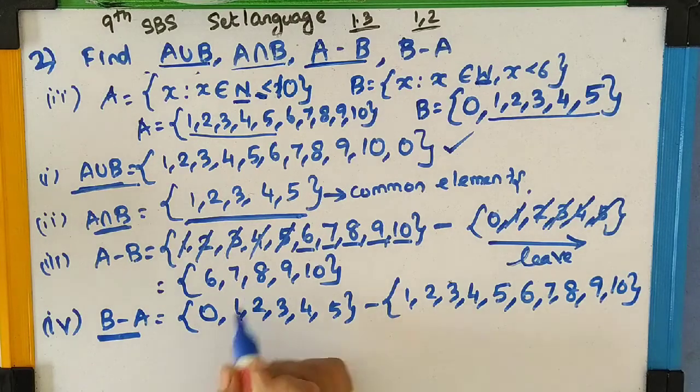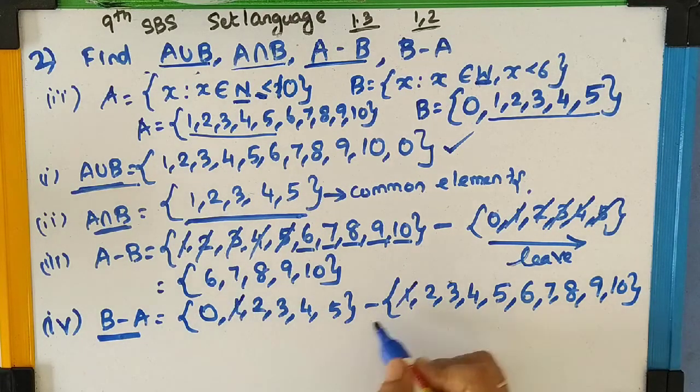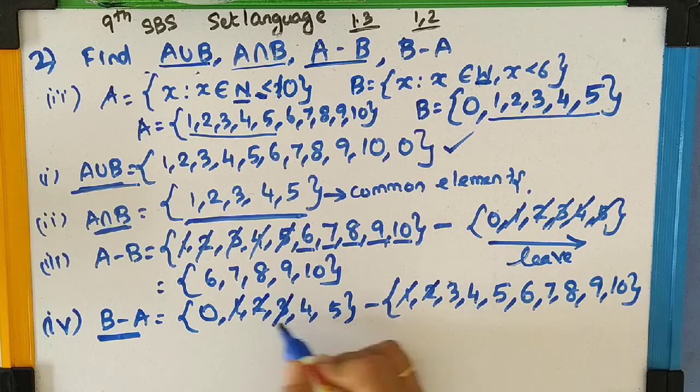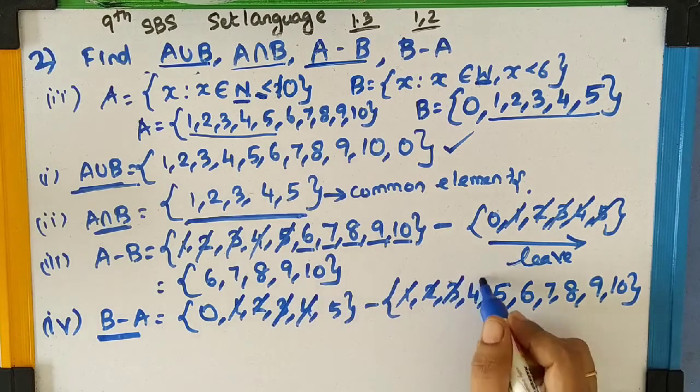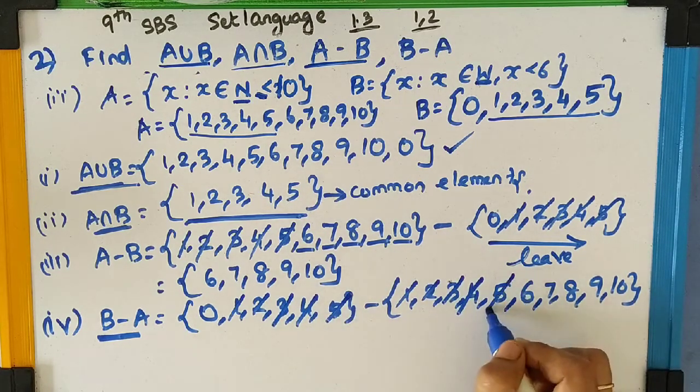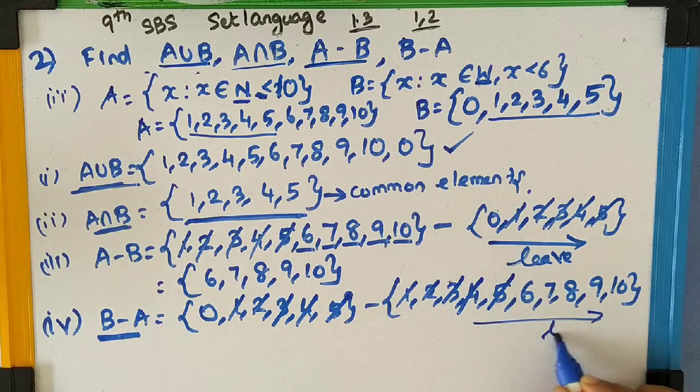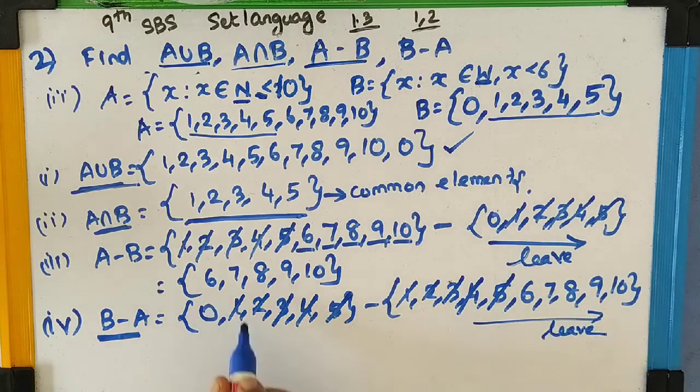We should cancel the common elements, isn't it? So 1, 2, 3, 4 and 5, and leave the second set completely and write the remaining elements in the first set. What is remaining here? 0. So B difference A is 0.